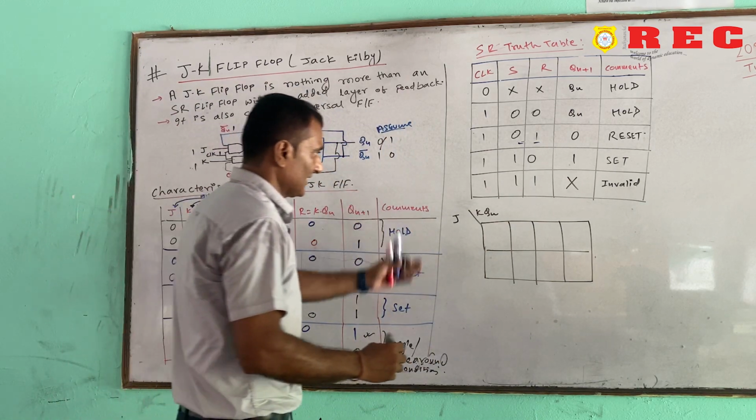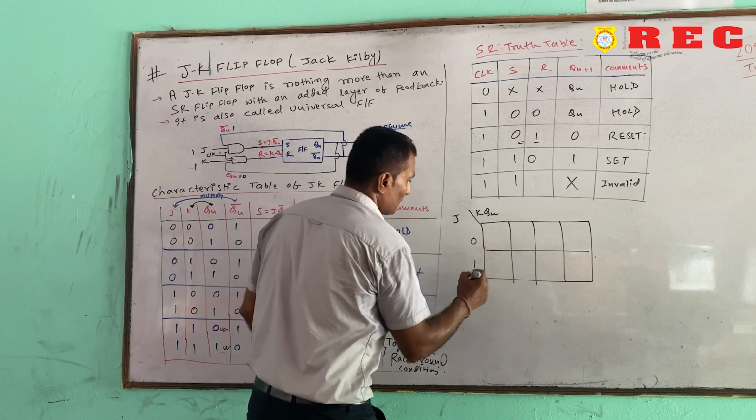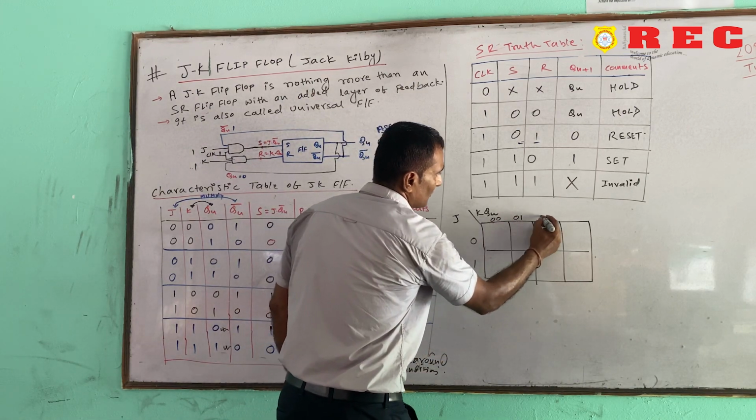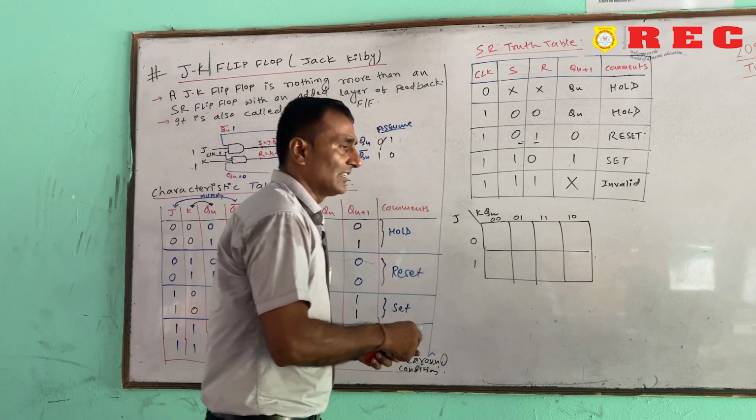These are all three inputs, and we know this is 0, this is 1, then 00, 01, 11 and 10. We are using the Gray code here.